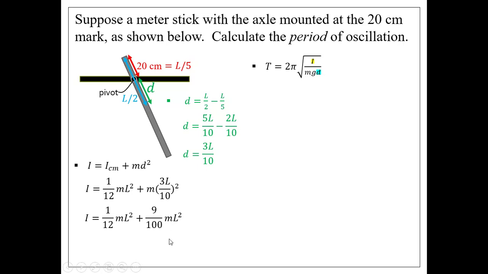Okay. So as you can see here, we have 1 over 12 ML squared plus 9 over 100 ML squared. At this point, just find a common denominator. The common denominator between 12 and 100 is 300. So to get 12 to be 300, you would just multiply 12 by 25, and the numerator here is just 1, so 1 times 25 is just 25.